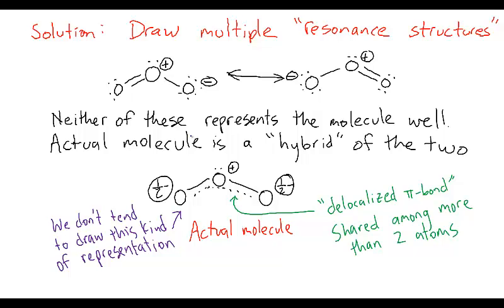The chemistry community has decided our best way to represent these is to draw multiple resonance structures, but to recognize the actual structure as a hybrid of the two. It's not a perfect solution, but it's the one we've got. It's the way we've adapted Lewis structures to confront this problem of molecules that aren't well described by a single Lewis structure.